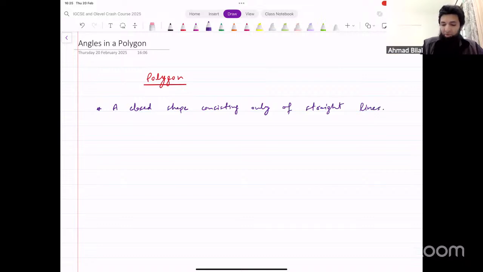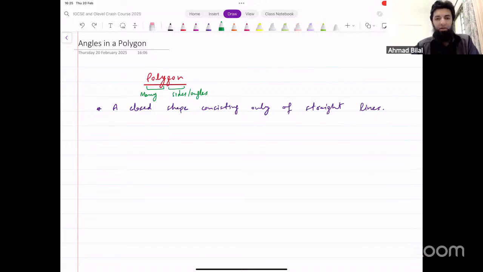Now, in this word polygon, poly basically refers to many, and gon refers to both sides and angles. So it's a closed shape that has many sides and many angles.